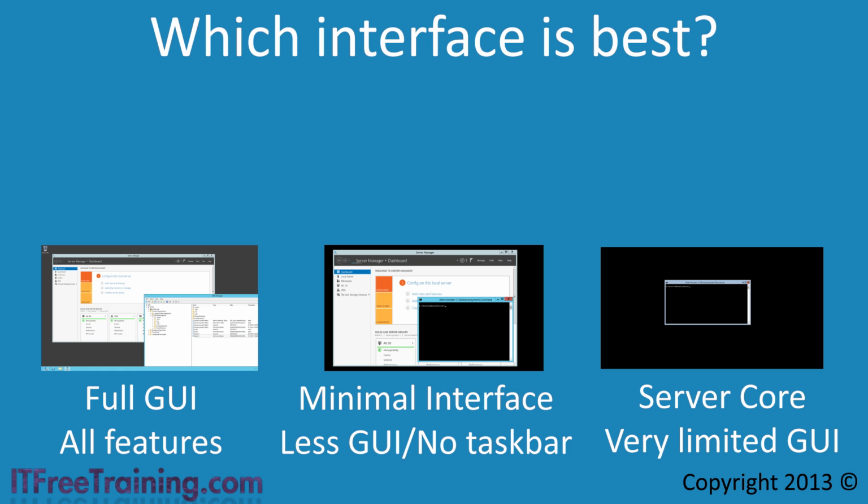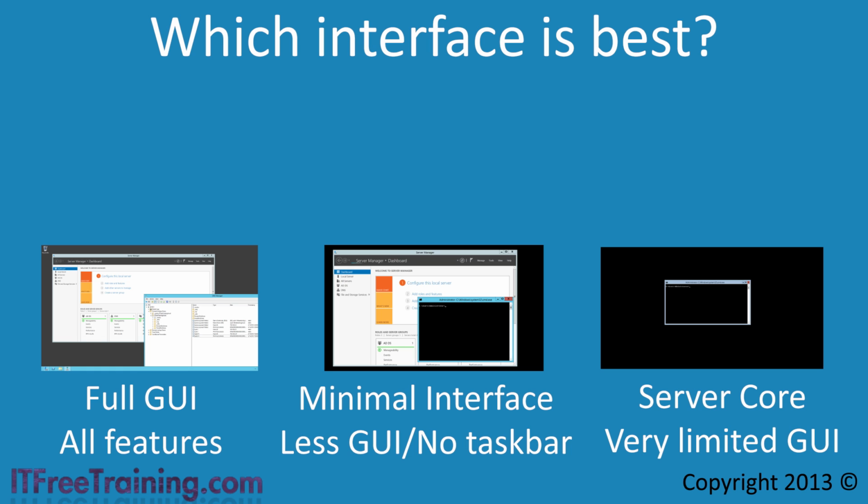This helps reduce the amount of CPU and RAM required by the server without completely removing all its ability to run graphical applications. Most noticeably, being able to run Server Manager makes the server a lot easier to administer than having to do this from the command line like in Server Core.